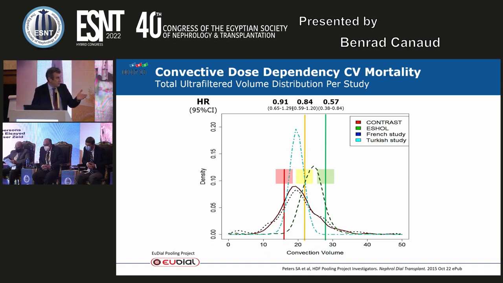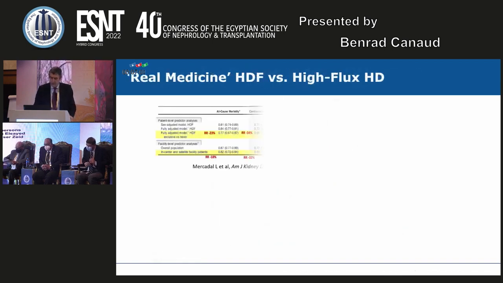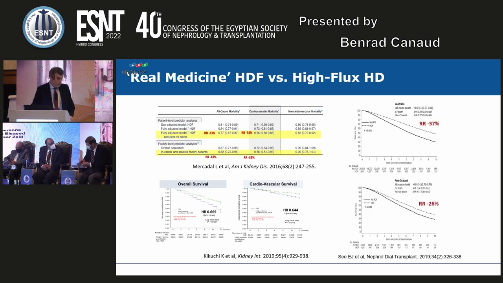And the reduction of mortality is definitively linked to this convective volume. So less than 23 liters, which is the yellow area, you don't get any beneficial effect. You need to move to the right side to get the beneficial effect. And this is confirmed by different national registries.